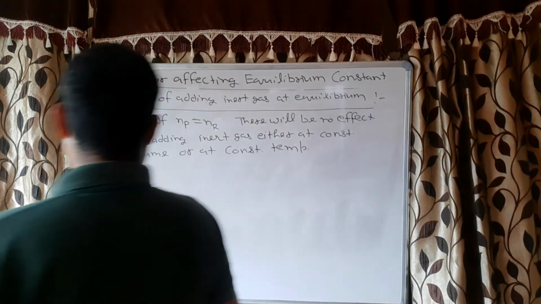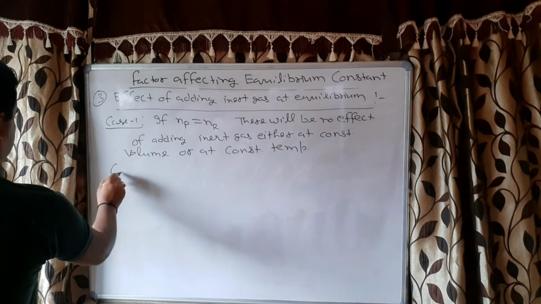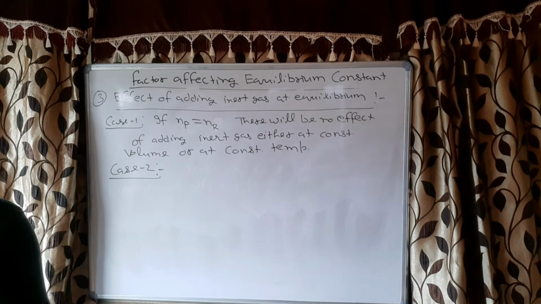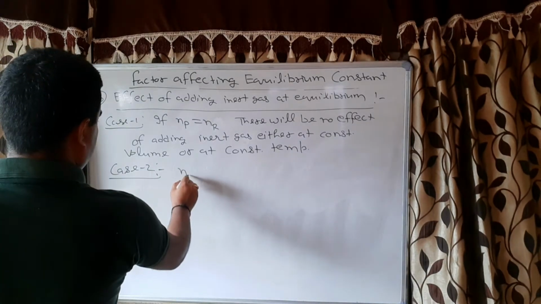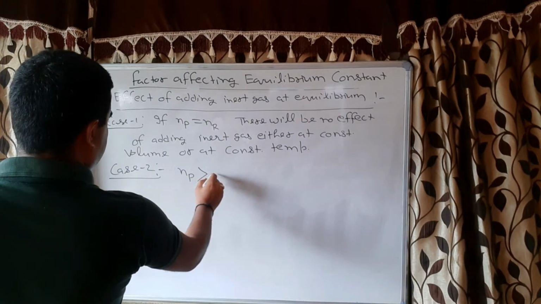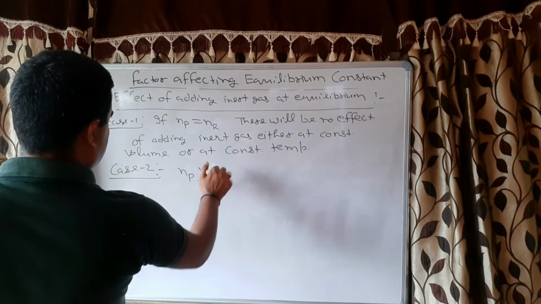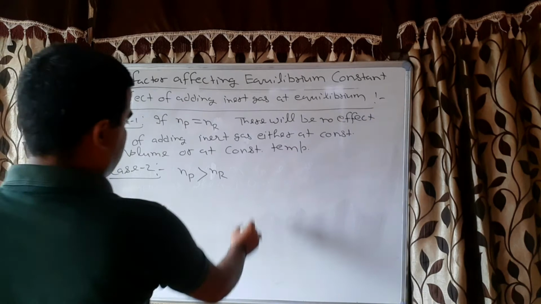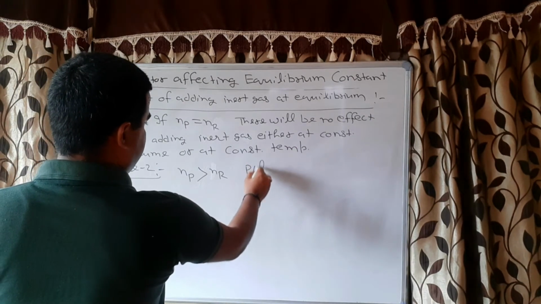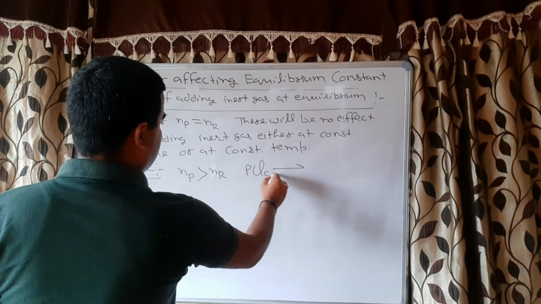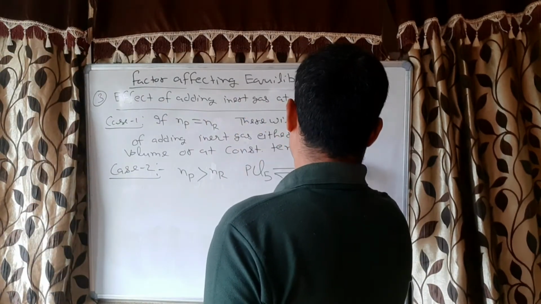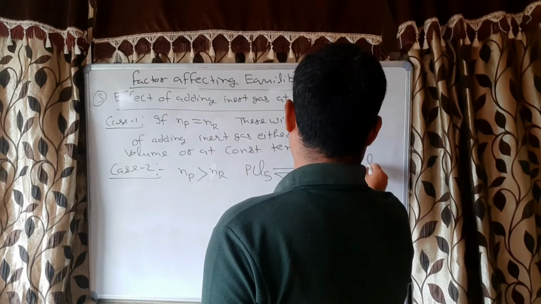Now case number 2. Case number 2, suppose Np is greater than Nr. For example, PCl5 is going to PCl3 plus Cl2.